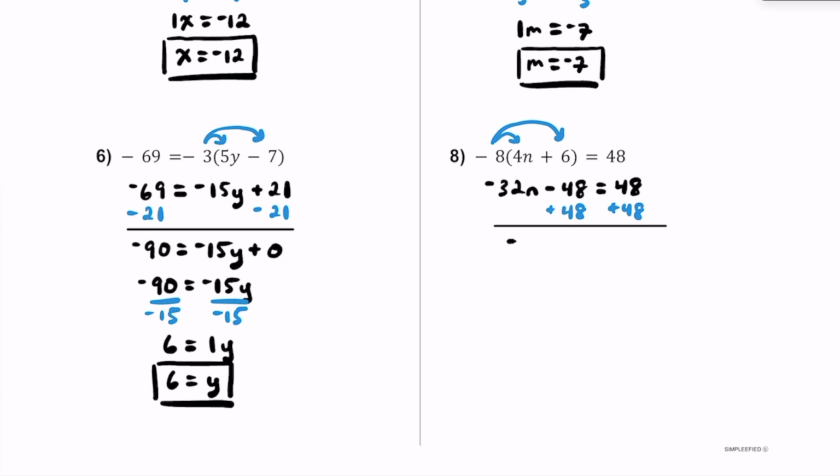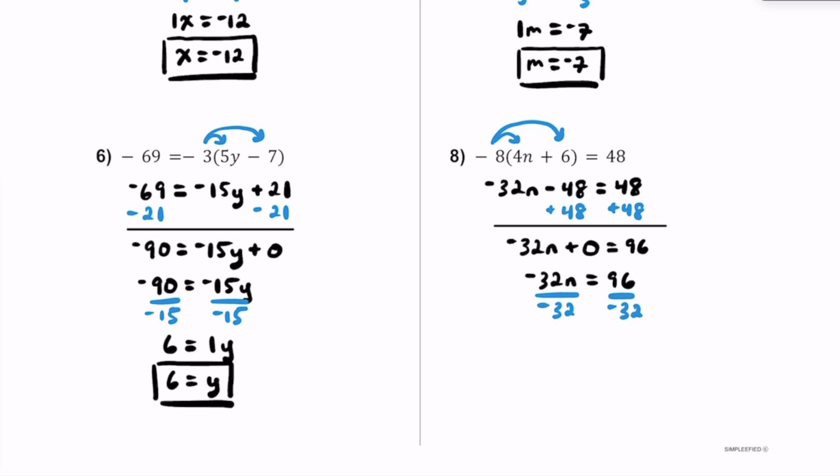If we go ahead and do that, we're going to get negative 32n plus nothing is going to be equal to 96. We just use the additive inverse property. Now, using the identity property of addition, we can write negative 32n is equal to 96. And using the division property of equality, we can divide both sides by negative 32.